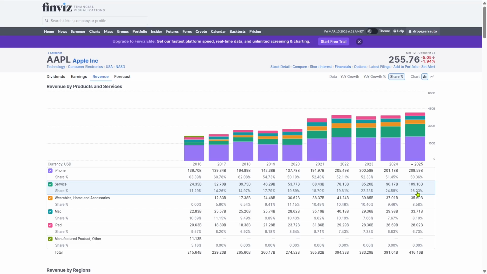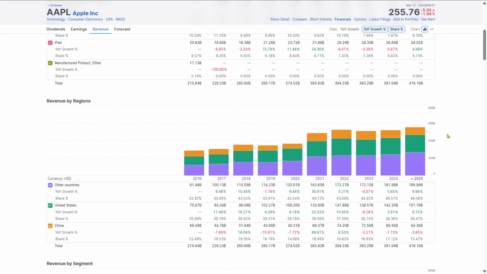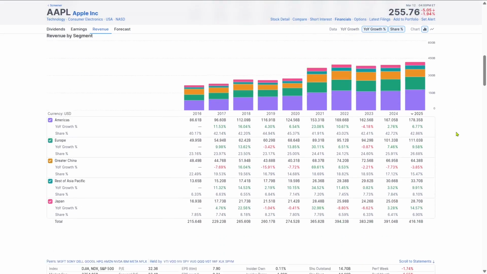Other products such as Macs, iPads, and wearables each represent less than 10%. The United States represents just over 1/3 of total sales, making Apple a truly global business.